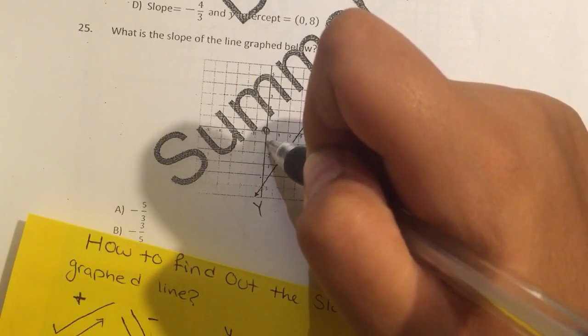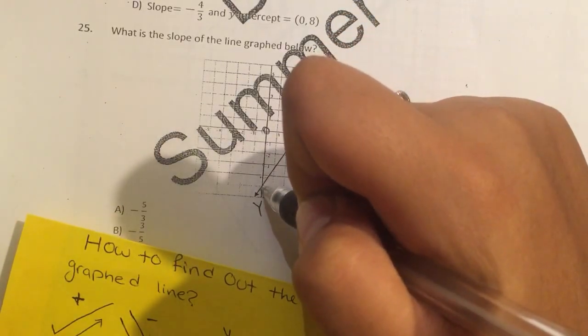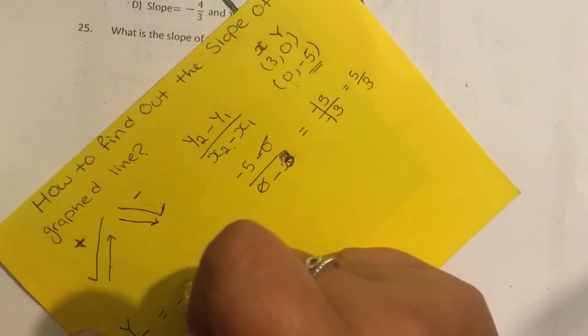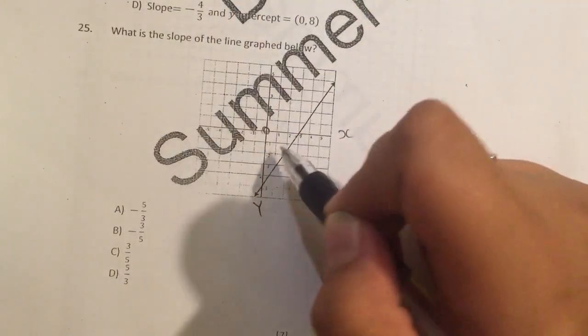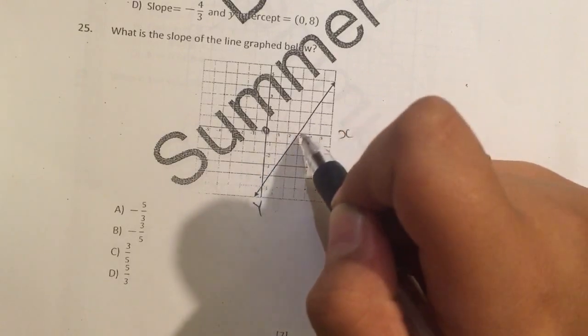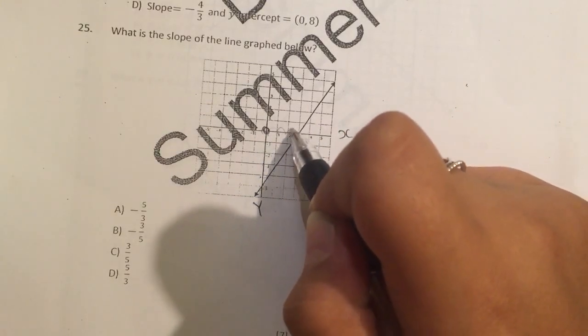So it's going to be 1, 2, 3, 4, 5. You're going to write that 5 on top. Then you're going to count how many points it takes you from your starting point to this point. 1, 2, 3.